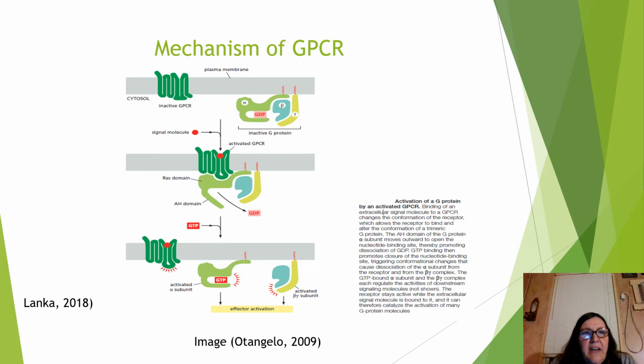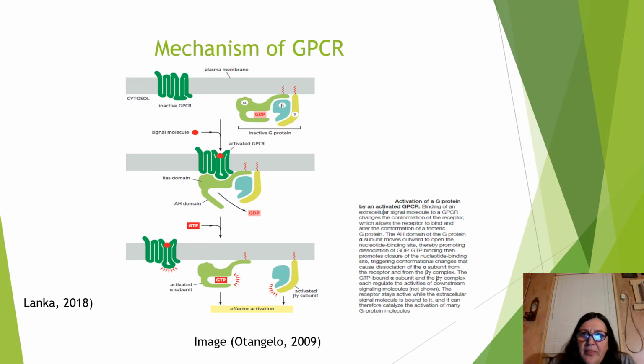Now, this inactive G protein consists of, over here to the right of this helix, an alpha subunit, which looks almost like an upside down teapot. That's called the alpha subunit. The next one is a beta subunit in blue, and the one in light green is a gamma subunit.